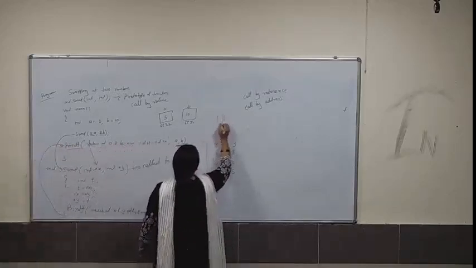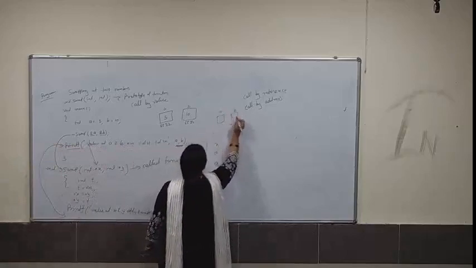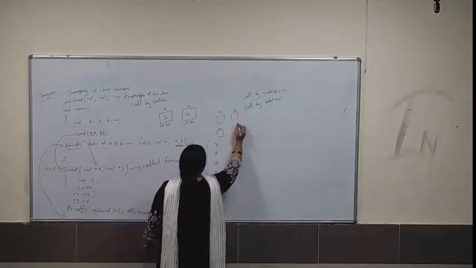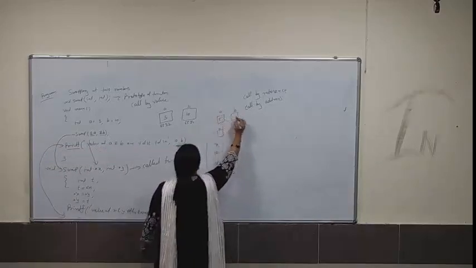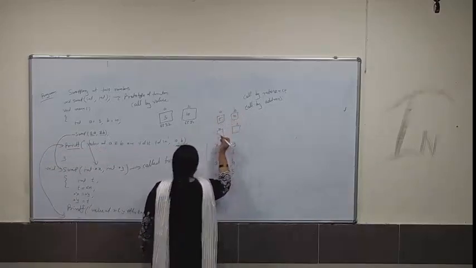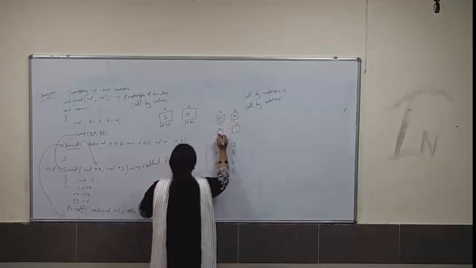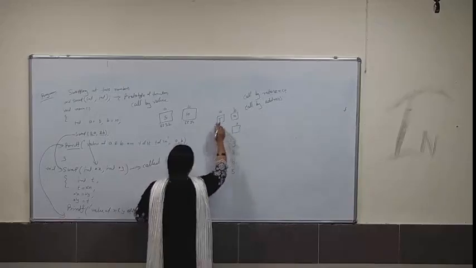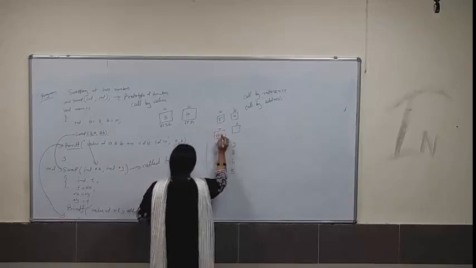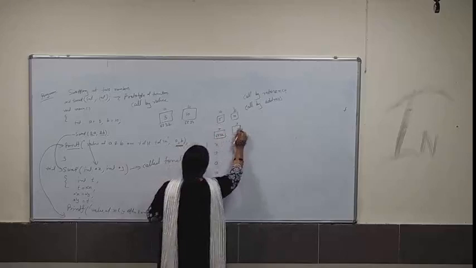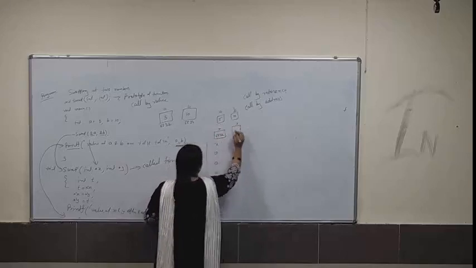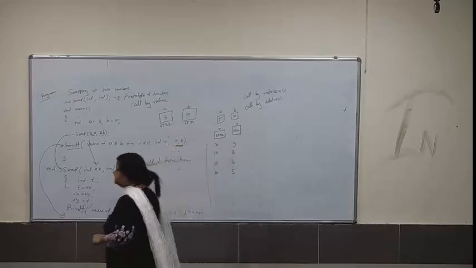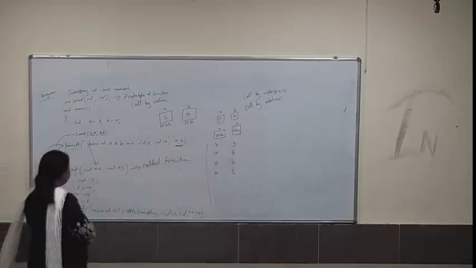This is A, this is B, X, and this one is Y. A is 5, B is 10, and X is storing the address of A, that is 6532, and Y is storing the address of B, that is 6534.